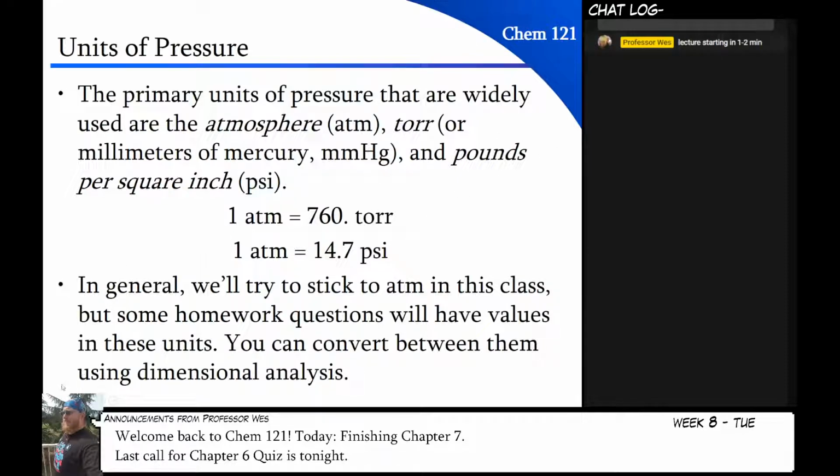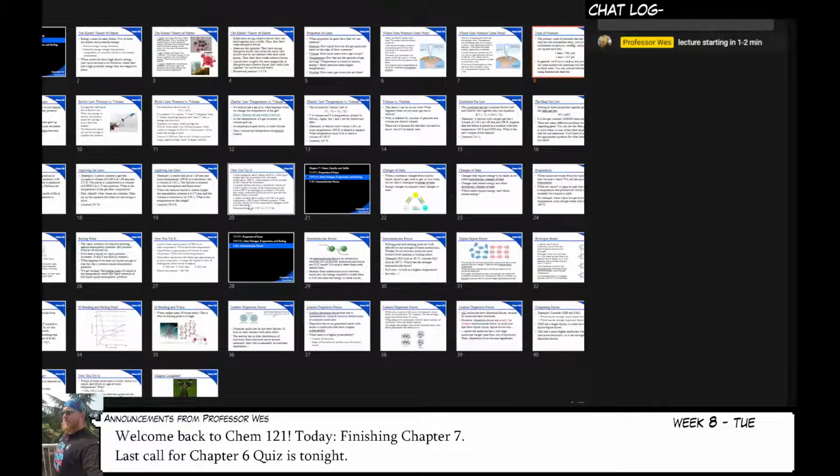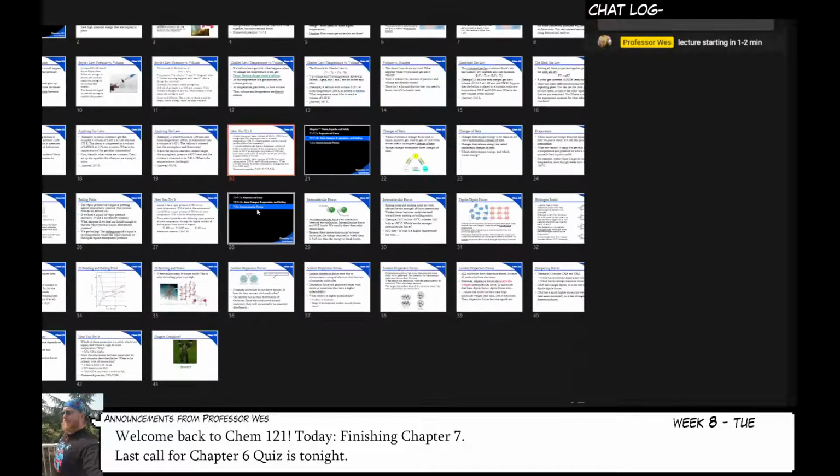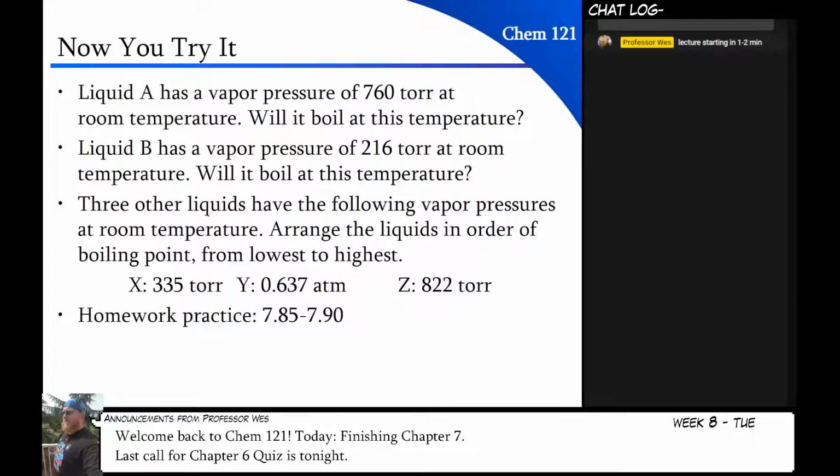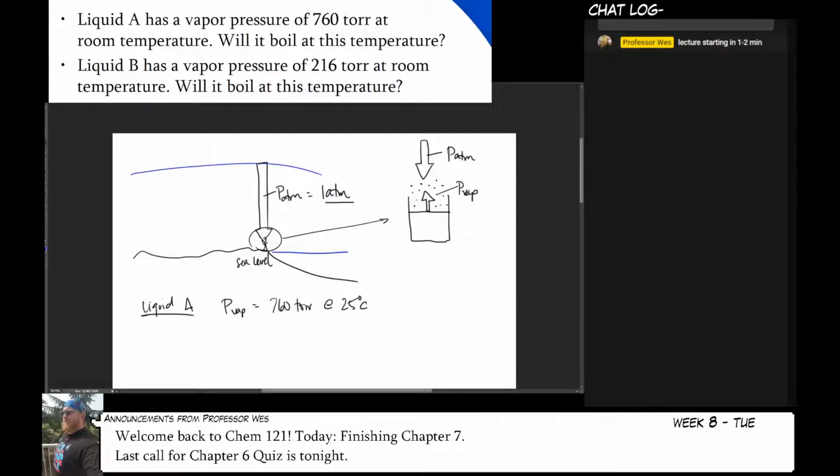If we look at this slide here, you might remember that this definition exists. 1 atmosphere of pressure is the same as saying 760 torr of pressure. So now if we go back to the slide that we were on, that's the wrong slide. There we go. We can see, hey, our pressure is currently 760, which is equal to 1 atmosphere.